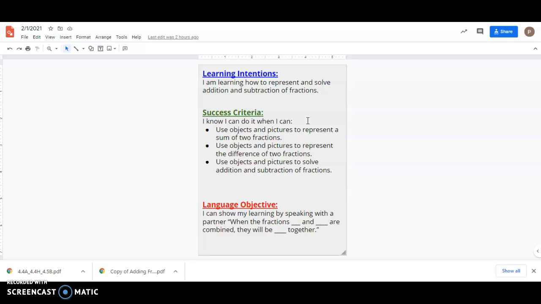To be able to use our fraction numbers as well as fraction tiles and pictures to represent the sum, the addition of two fractions, and we are going to be able to use objects and pictures to solve the addition of fractions. So when the fractions 1/6 and 4/6 are combined, it will be how many sixths together is how we are going to use our language objective.